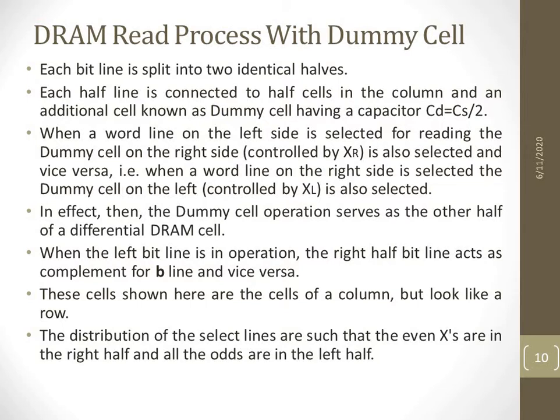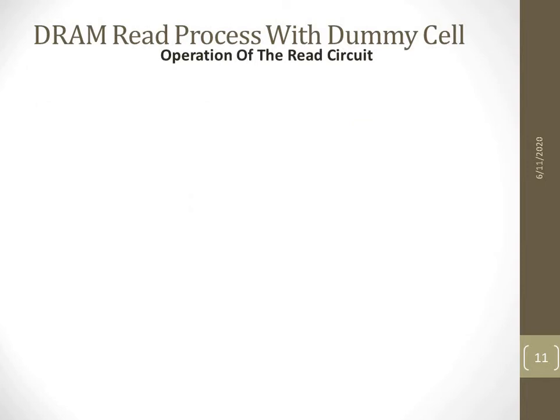The distribution of lines is such that all the X's are in the right half and all the R's are in the left half.